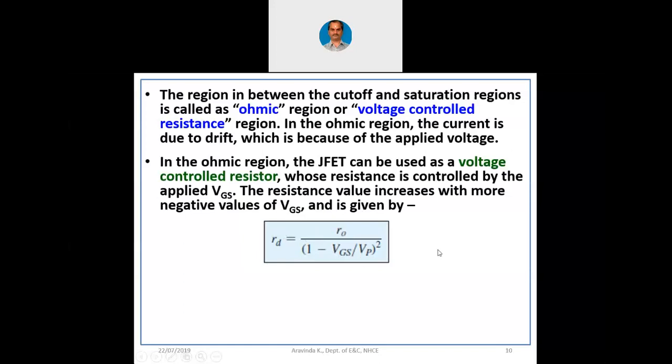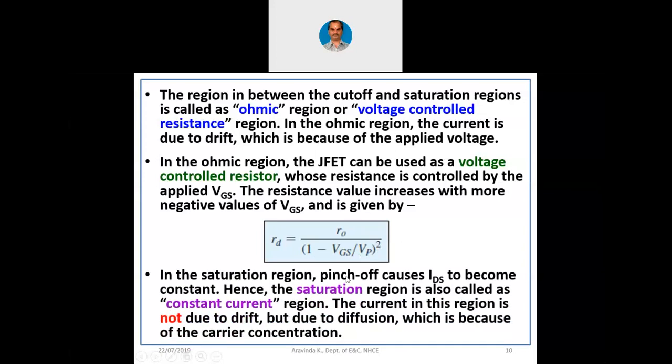This was the law which the inventors of the FET invented. The drain resistance is equivalent to the output resistance divided by the term 1 minus VGS by VP whole square. That's why this is called an inverse square law. Why? The square is in the denominator. So at times such expressions are called inverse square law.